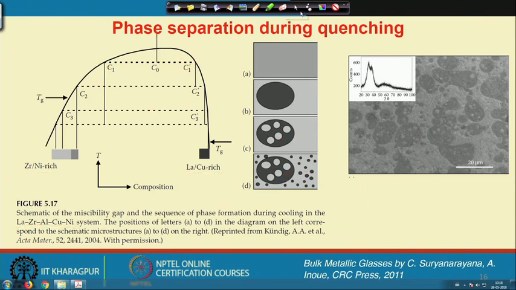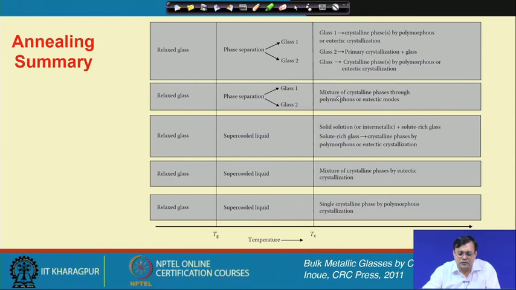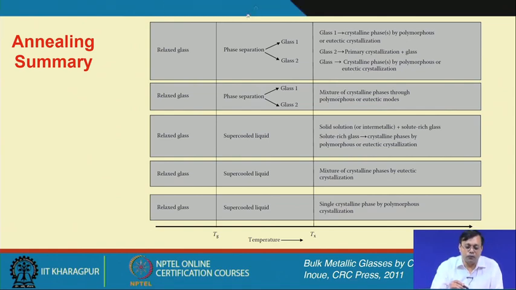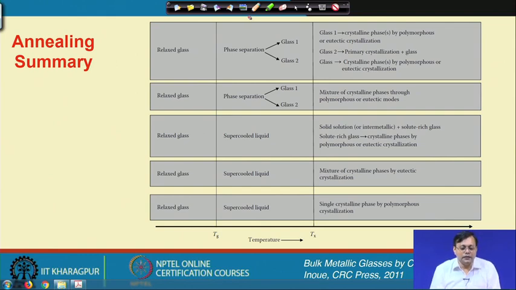So, these things make it more relevant to the subject, and we try to summarize what we have discussed so far. So, in the case of a relaxed glass, we can think about a phase separation into glass 1 and glass 2, where this glass 1 may undergo some sort of crystallization, let us say primary crystallization or polymorphous or eutectic crystallization, okay, or maybe glass 2 also goes through such a phenomenon.